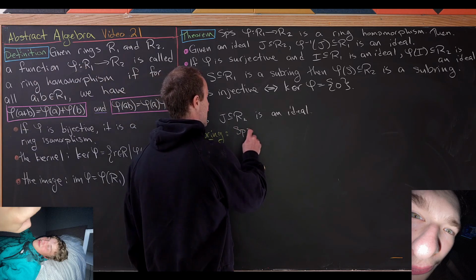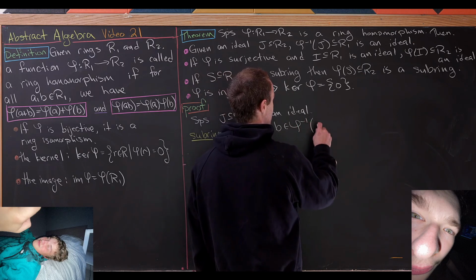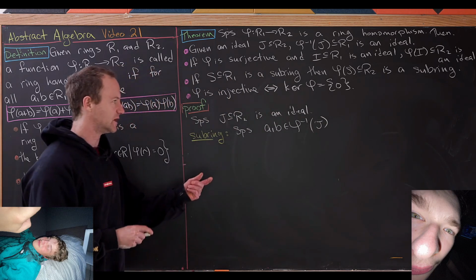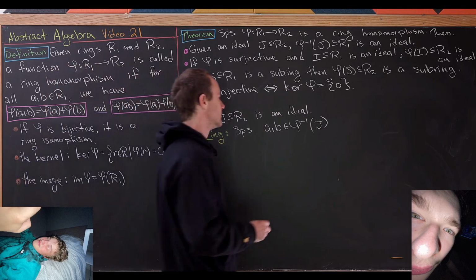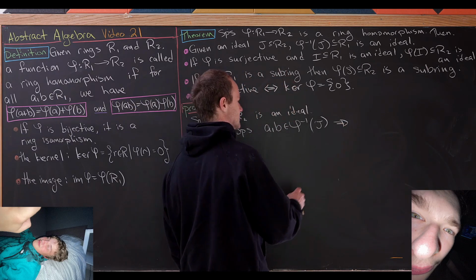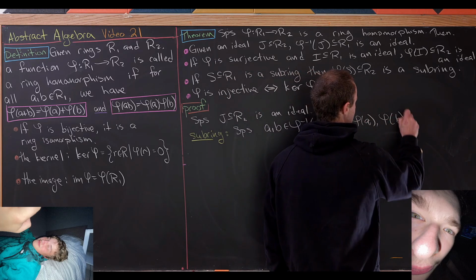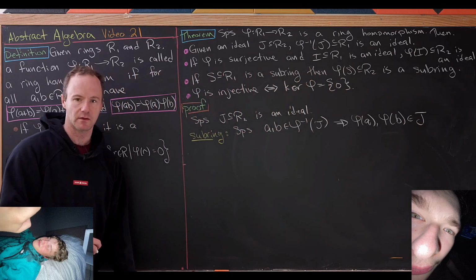So let's suppose that A and B are in phi inverse of J. Great. And then, like I said, we need to show that their difference is also in phi inverse of J. But in order to do that, we probably need to move into the ideal. So notice this means that phi of A and phi of B are inside of J. That's the definition of being in the pre-image.